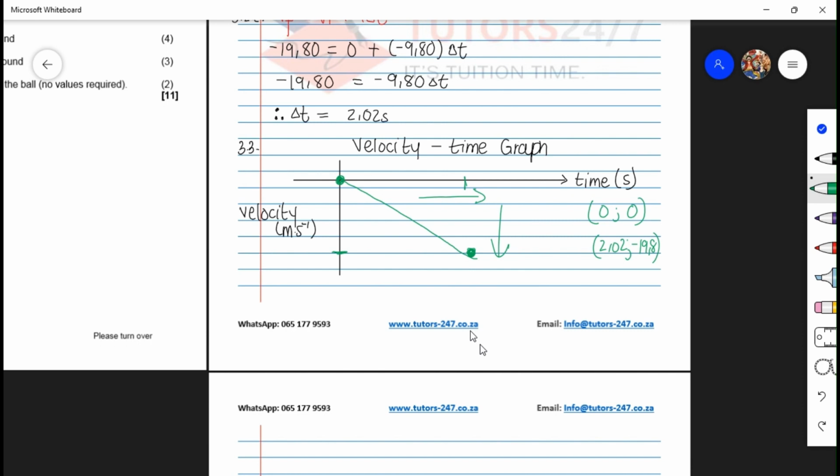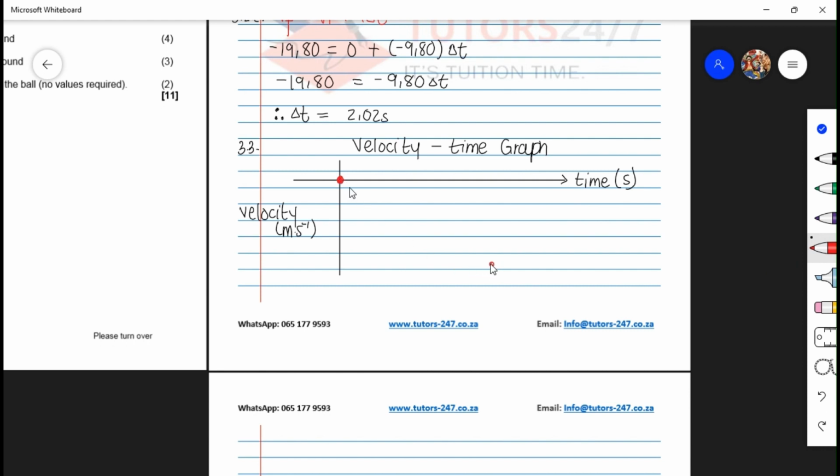Or the easier method would have just been to plot out two coordinates and then erase them afterwards. So now, because we know the general direction of our line and we do not need to include any values, all we can do is make two random points in the general direction of our line and connect them. So that's our first point.